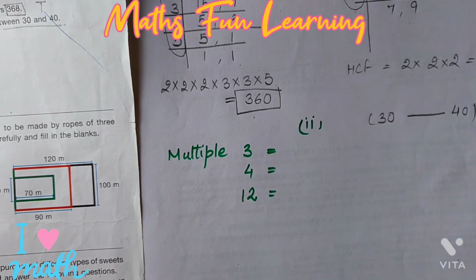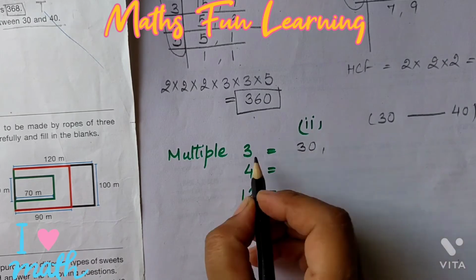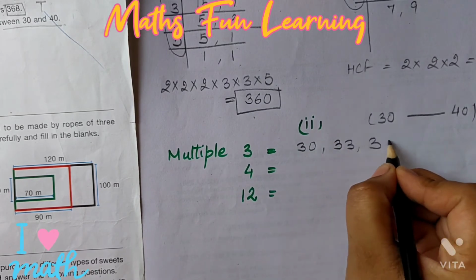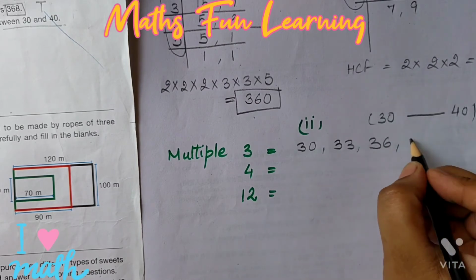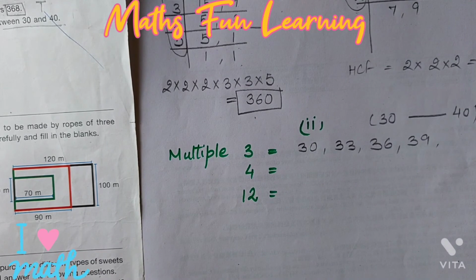Okay, so if you read the table of 3, you know that 3 times 10 is 30, 3 times 11 is 33, 3 times 12 is 36, 3 times 13 is 39, and 3 times 14 is 42.